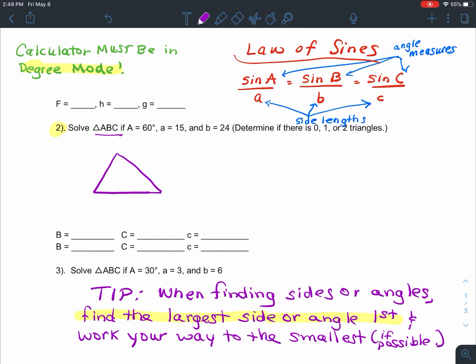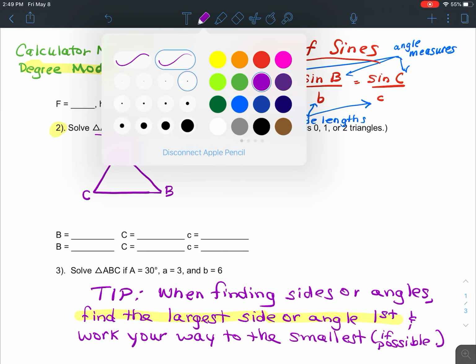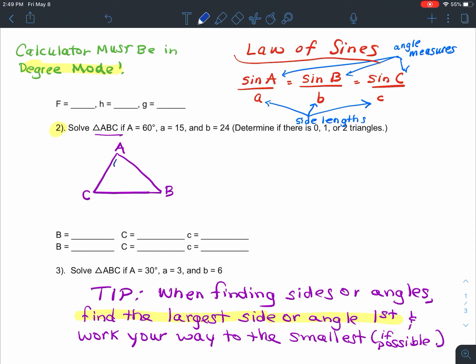It does not matter whether your triangle is drawn to scale. Label the vertices ABC, then go ahead and label the given information onto the picture. You'll notice as I'm labeling this, I'm consistent with labeling angle A as 60 and then lowercase a, 15, that is the side opposite angle A, and lowercase b would then be the side here, which is opposite angle B. Those are the three pieces of information.